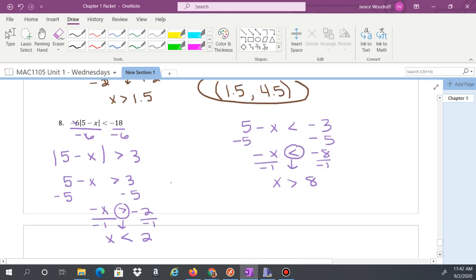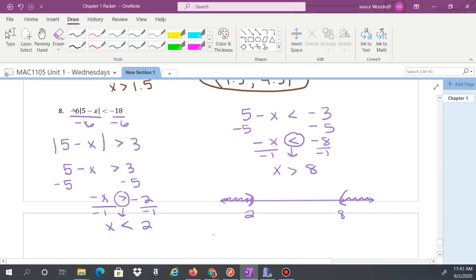So then these are going to be going in opposite directions. So we have 2, 8, less than 2, so we're going to the left. Greater than 8, going to the right. And then our interval notation, you would have going to the left, you're going towards negative infinity to 2 with a parentheses.